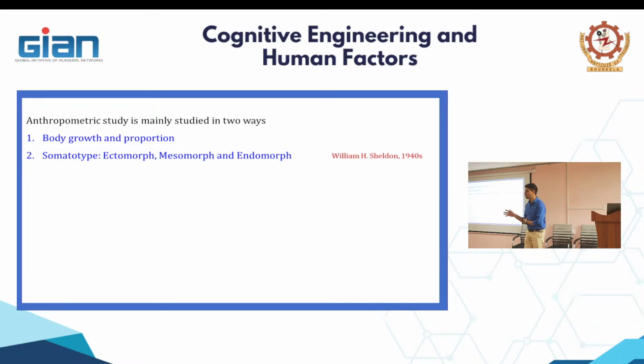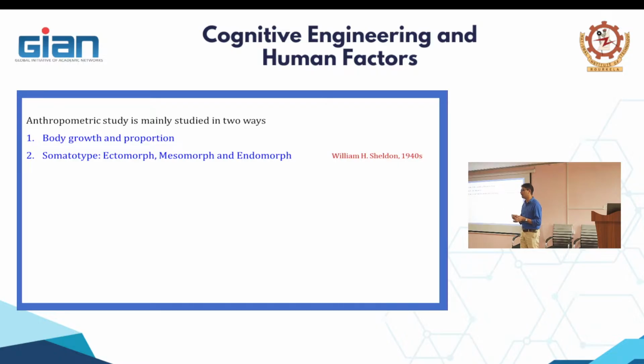Likewise, the trunk grows differently from the head. So the growth is different, and it is unique for each individual. Next is proportion. Proportion is specific to the human being; it varies in a particular proportion.